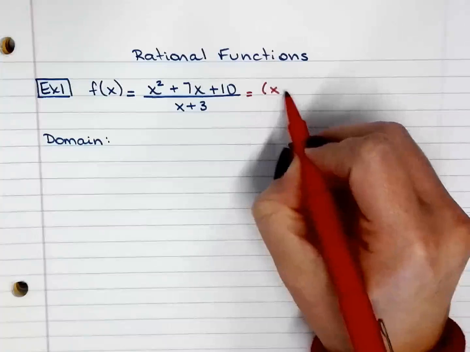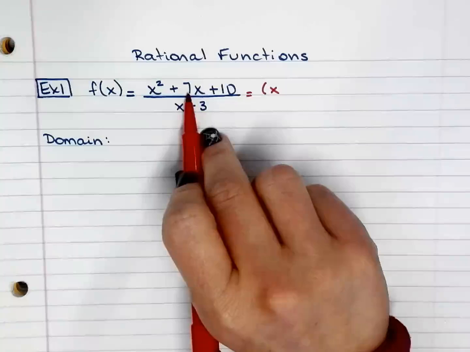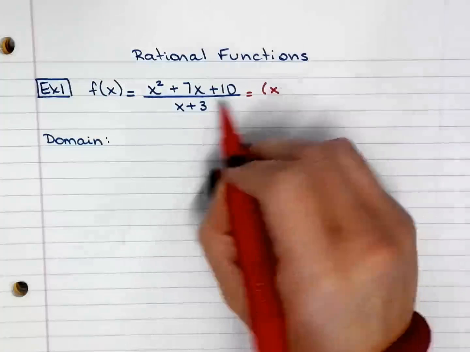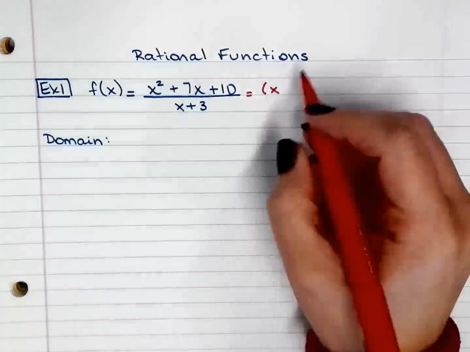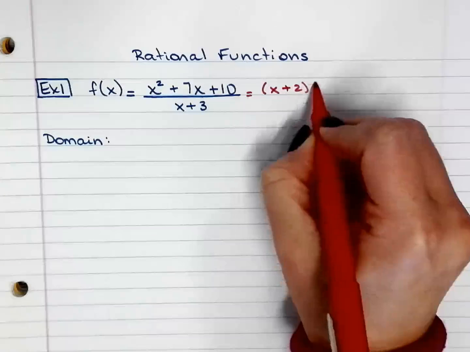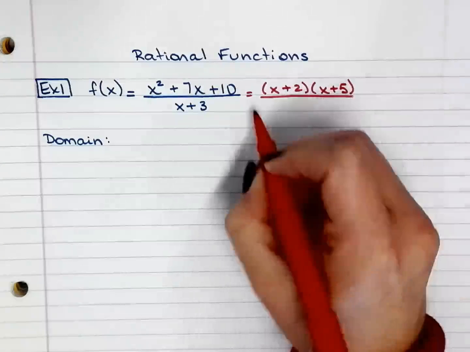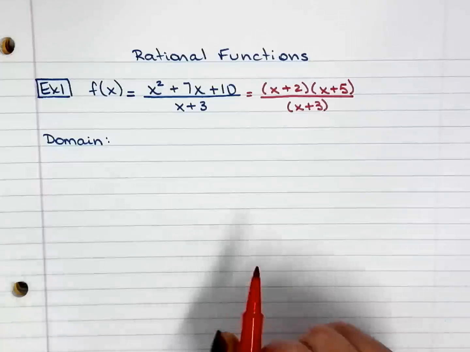I need two numbers that multiply to give me 10 and add to give me 7. So 2 and 5. 2 times 5 is 10, 2 plus 5 is 7. So x plus 2, x plus 5, and here just x plus 3 in the denominator.